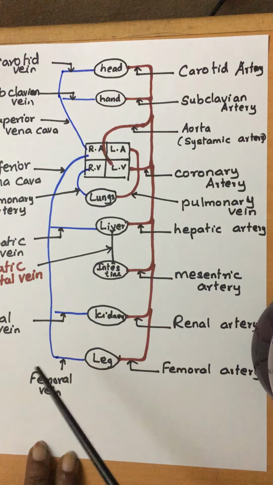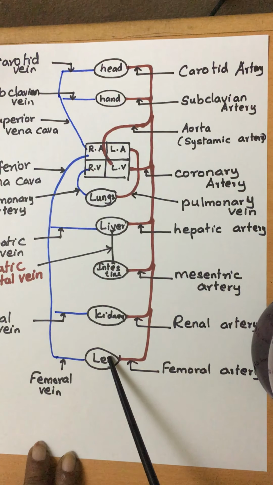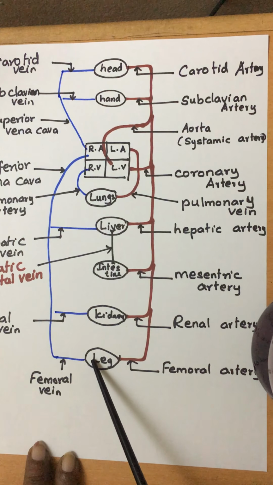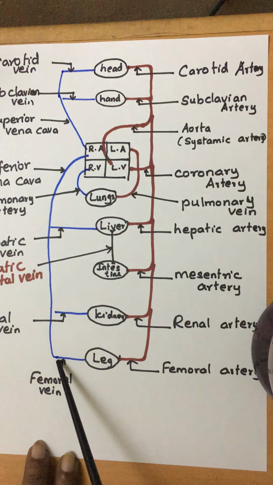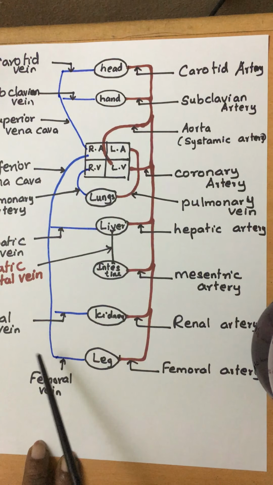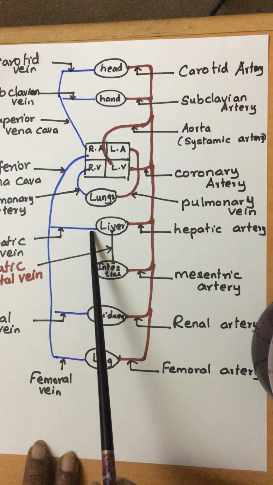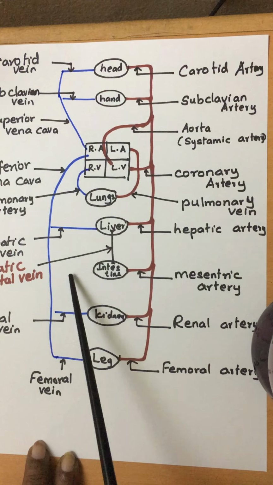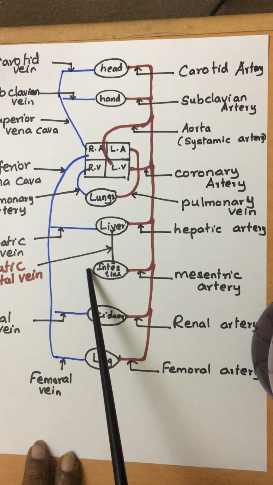Then the veins. The arteries supply oxygen to the cells and take carbon dioxide from the cells, so the blood becomes deoxygenated. From the legs, the femoral vein; from the kidney, the renal vein; from the liver, the hepatic vein. For the intestine, I'll explain later.